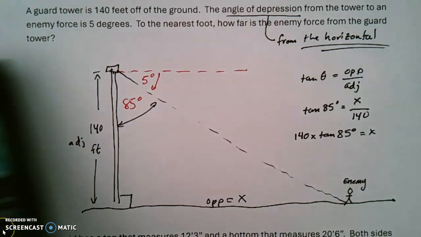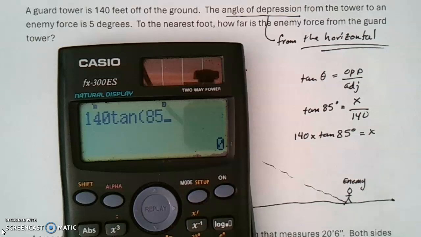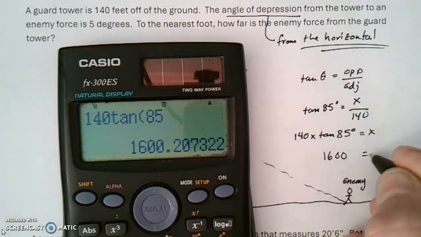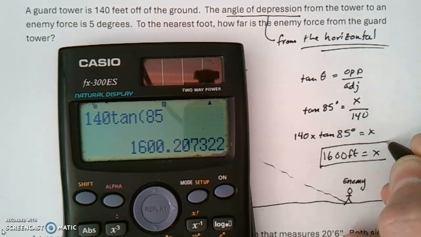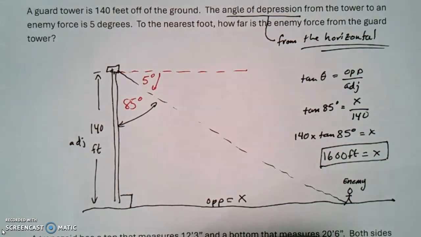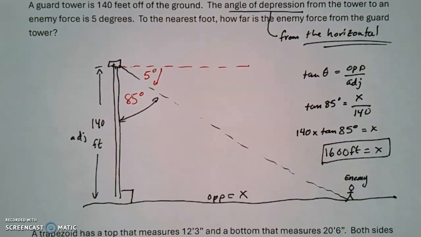And we're going to come in here with our calculator. We're going to say 140 tangent of 85 equals, and we get 1600, and that's going to be in feet because the other measurement was also in feet. Okay, so there's one application for your guard tower.